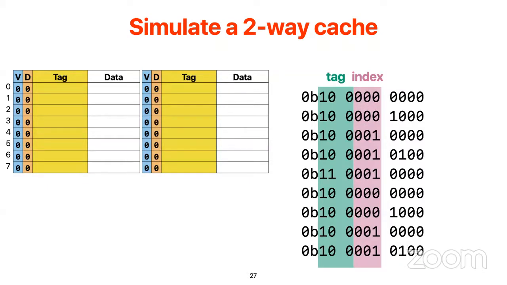Then you can start to simulate the behavior of your cache. For this example, in the first access, the index is 0 and the tag is 100. However, there's currently nothing in the cache, so we know it's a miss.